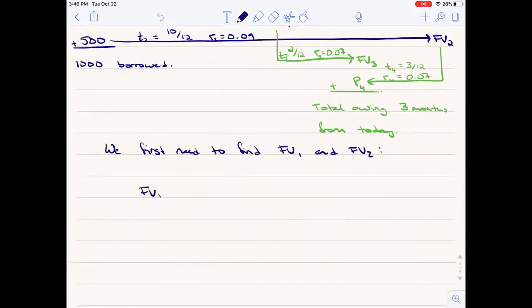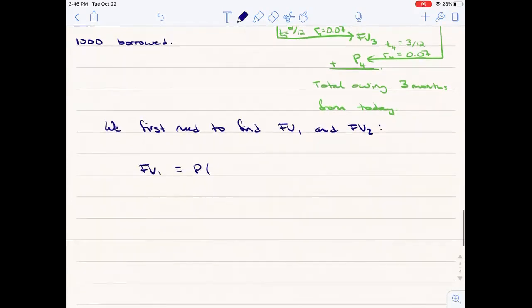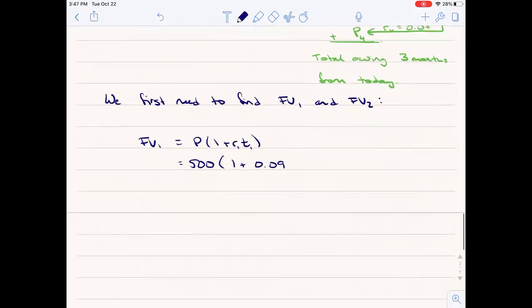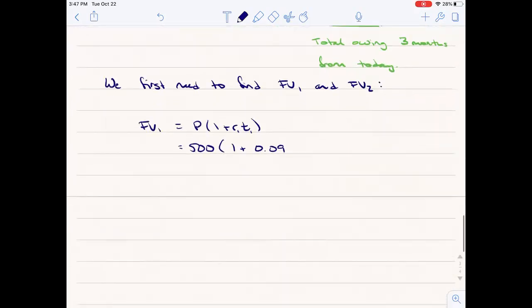So future value 1 is P times 1 plus R1 times T1, P1 technically. P for each of these original payments is going to be 500 times 1 plus R, which was 0.09, I'm going to say 9, times T1, which we said was 5 over 12.